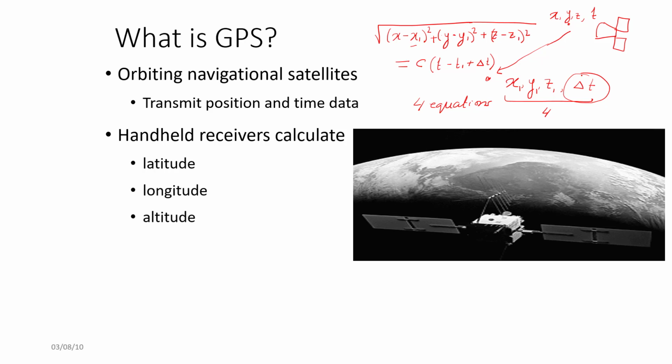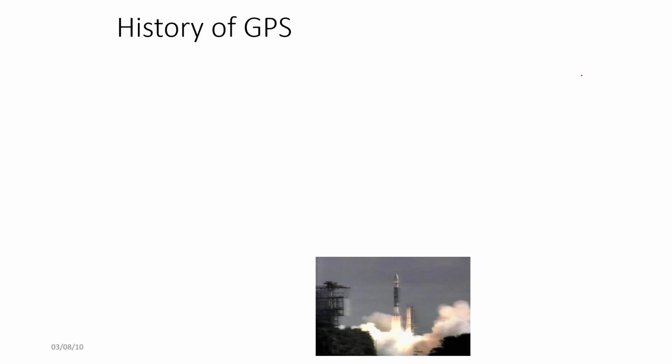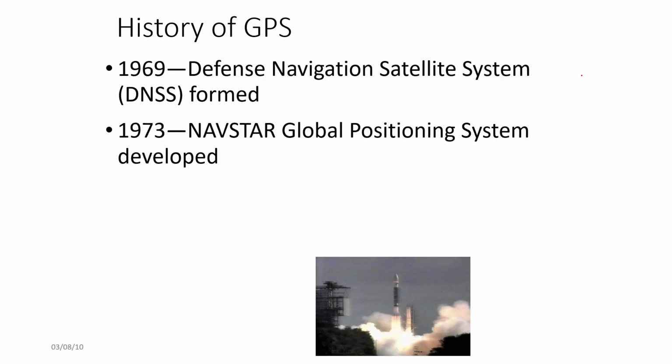The position again is latitude, longitude, altitude. Also, if we take multiple position readings, we can get the velocity and acceleration and definitely the clock drift. So this was initially created by the US Department of Defense. But gradually, after 1969, they have been opening up the system.